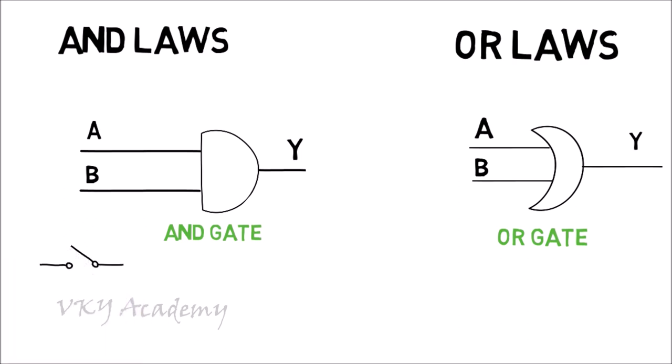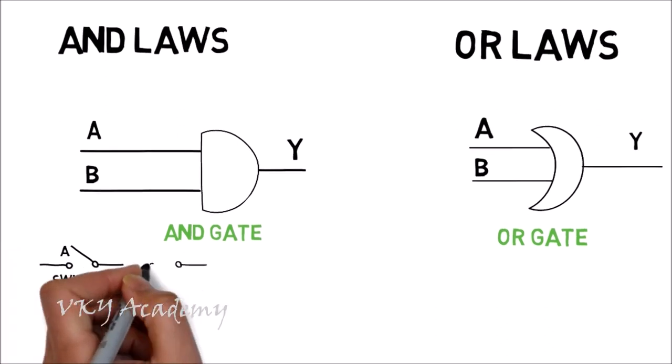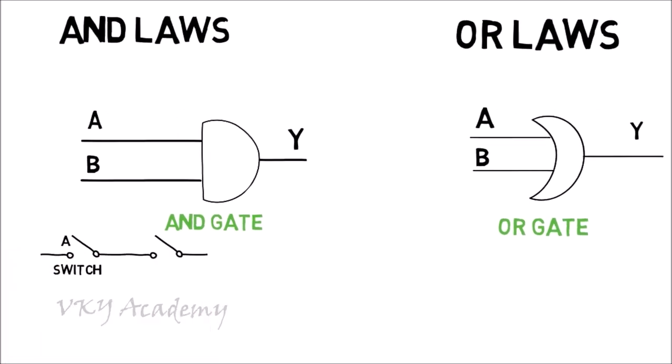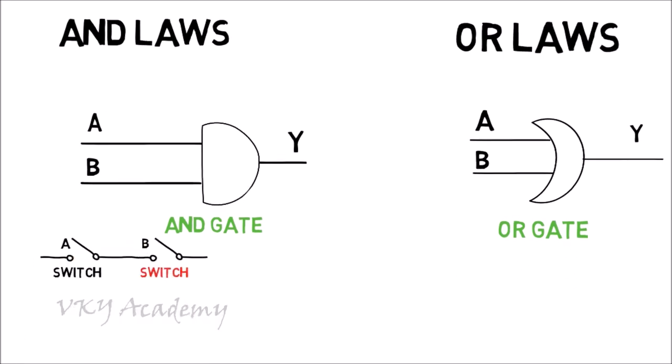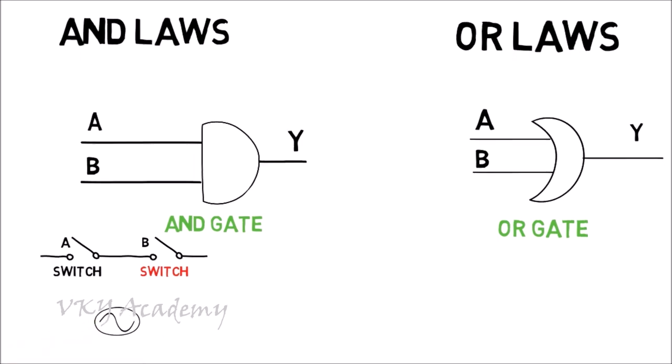The equivalent electrical network can be explained by connecting two switches, switch A and switch B, in series, along with the power supply and the output, as shown in figure.